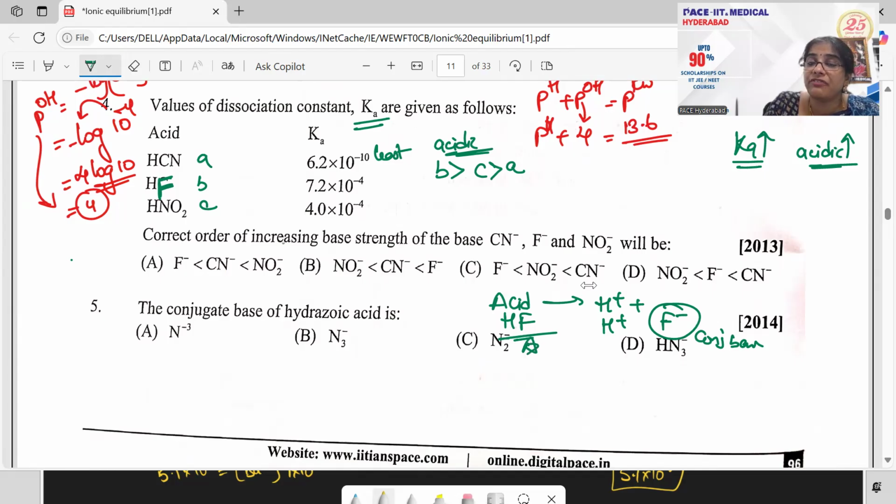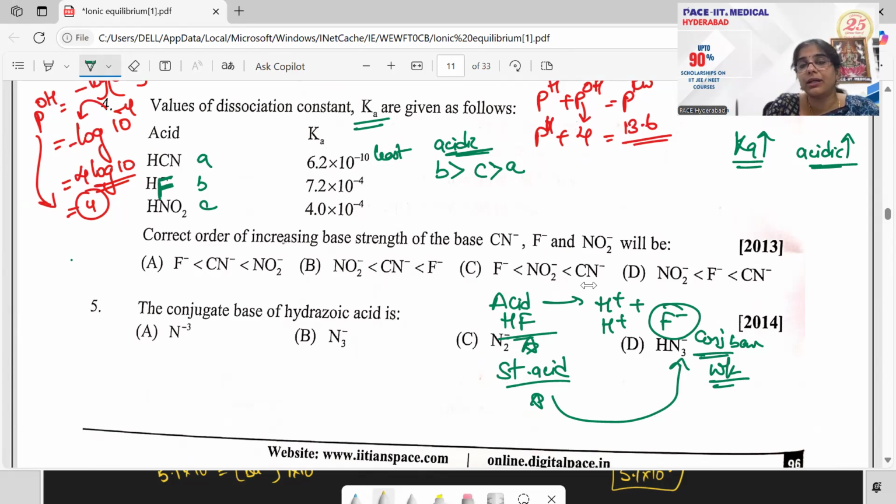Now HF is a strong acid, because I just told you the more the Ka value, the more the acidic character. The conjugate base formed with a strong acid is a weak base. So F minus, my conjugate base, is weak, right?